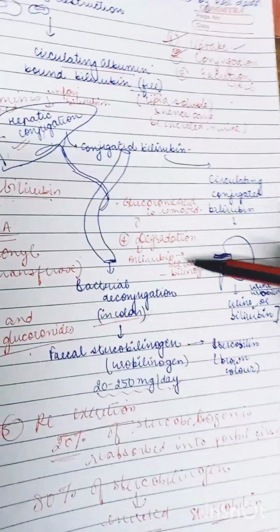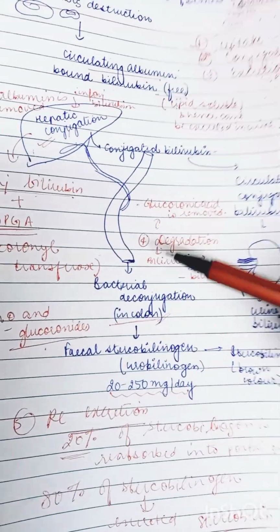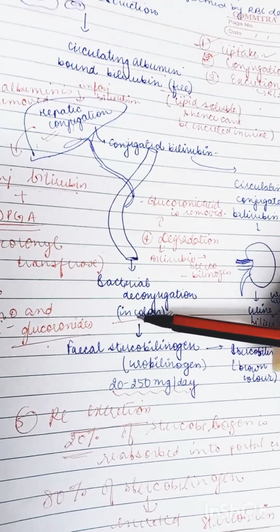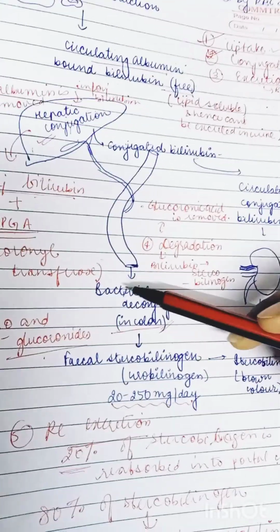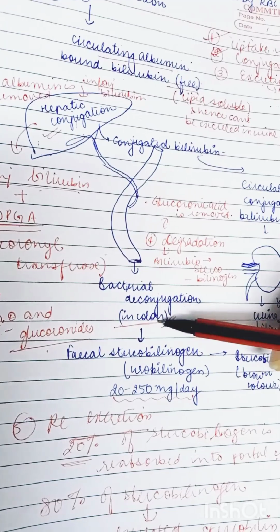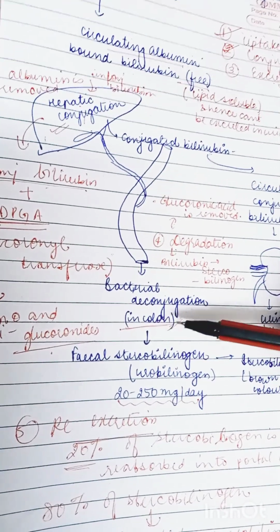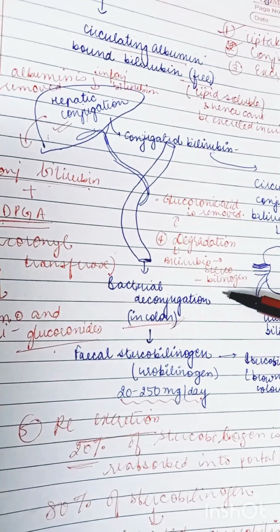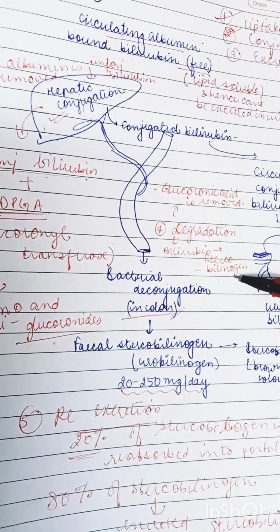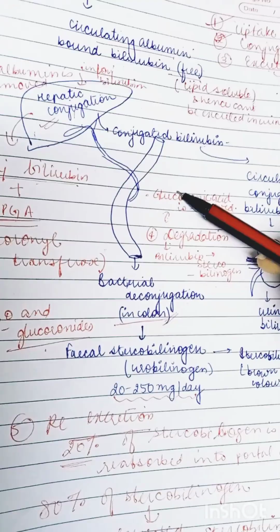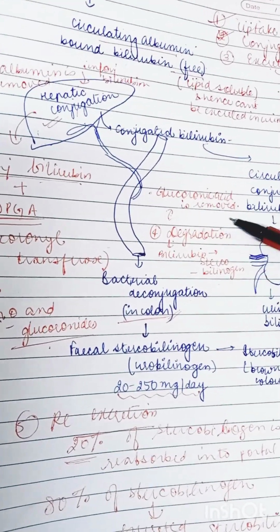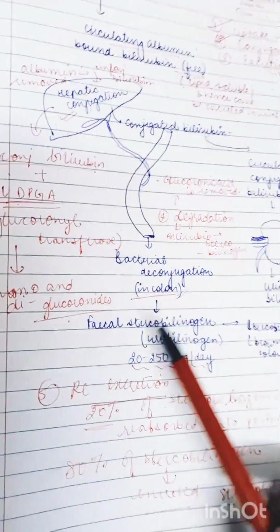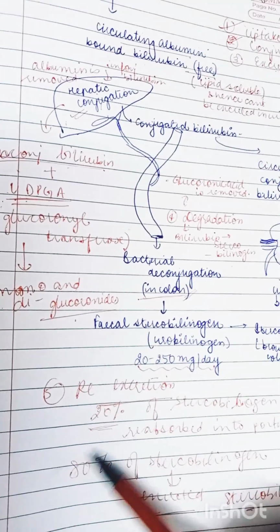Then fourth is degradation. Degradation occurs by bacterial deconjugation, that is, the bacteria in the colon will degrade the conjugated bilirubin, and bilirubin will be converted into stercobilinogen. Before degradation, glucuronyl acid is removed. Now the fifth step is re-excretion.